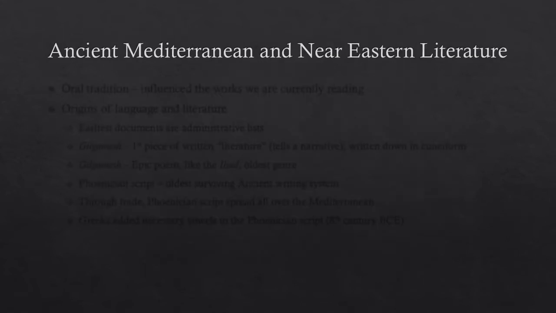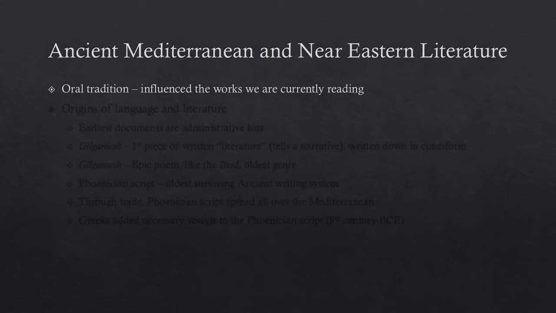So here are some of the important themes from the ancient Mediterranean and Near Eastern literature we're studying. One thing to keep in mind is that literature at that time was an oral tradition. Things like the Iliad and the Odyssey that we're going to read very soon in the next few lessons were spoken aloud, which is what that word oral means, before they were written down.